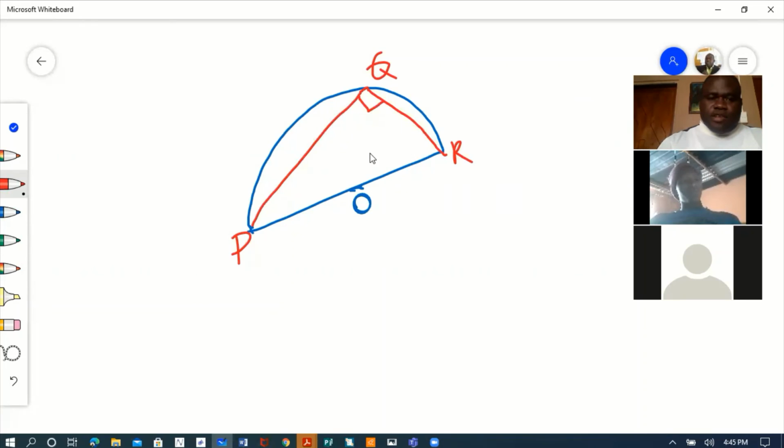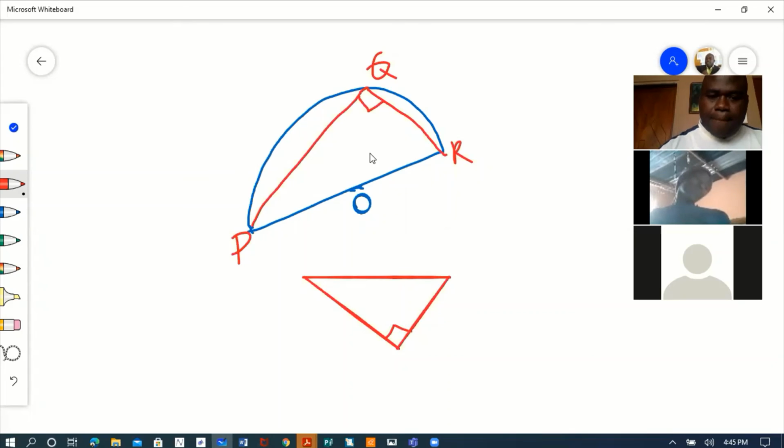Fine. So, if somebody draws this, a right angle triangle, will the person be right to say that anyone can draw a circumference, a semicircle, to pass here and go there, even if there is no semicircle?